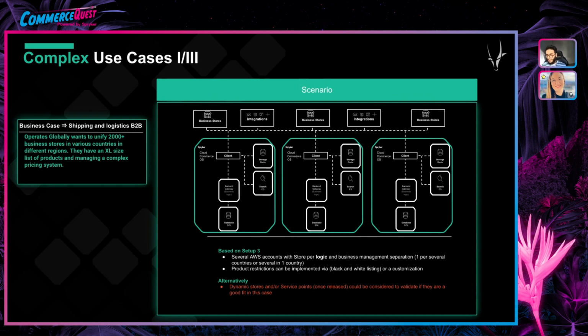And the region, of course, is the most important one. If some of the aspects are yes and some no, then you can decide if you can still put them together or if they are a better fit for another group, another AWS account or setup of the multi-store. This is a complex use case. It's complex because it's not clear, but this would be the safest option to go with.